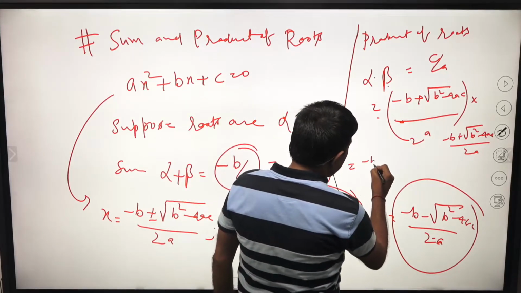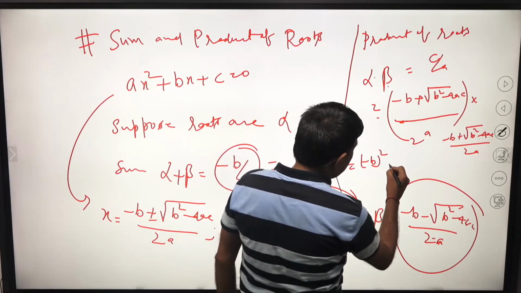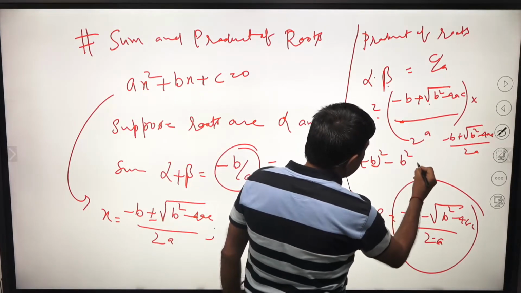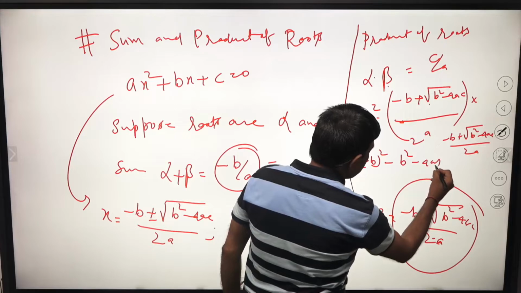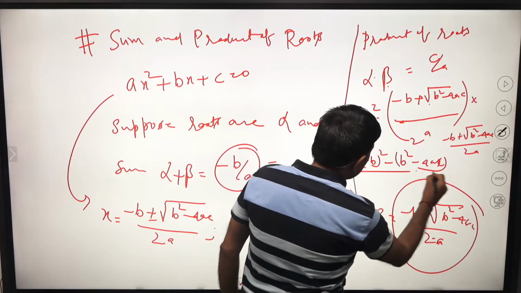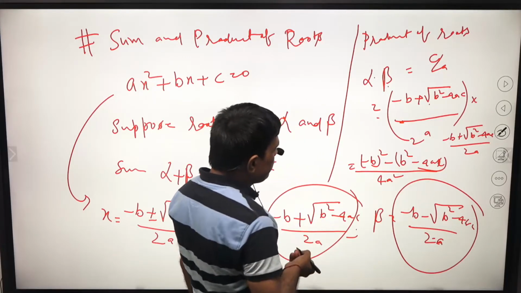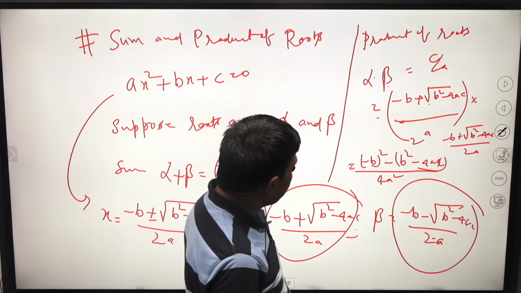That means minus b whole square, and minus, squaring this, the root under will be cancelled. So minus 4ac, and the denominator becomes 4a square. Eliminating this, it becomes c by a.